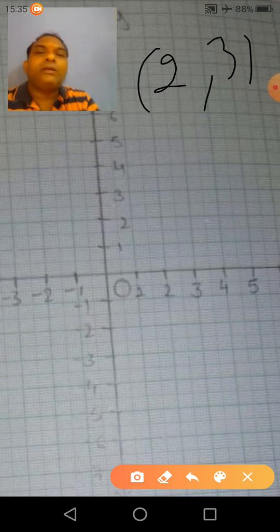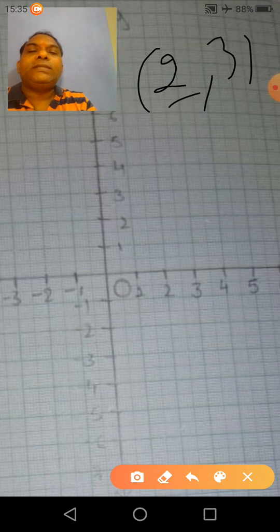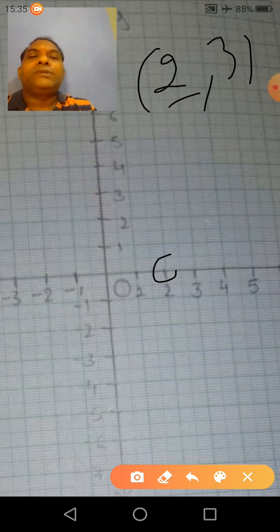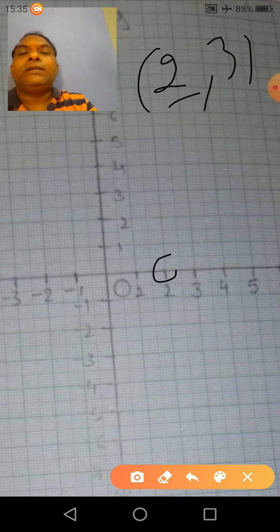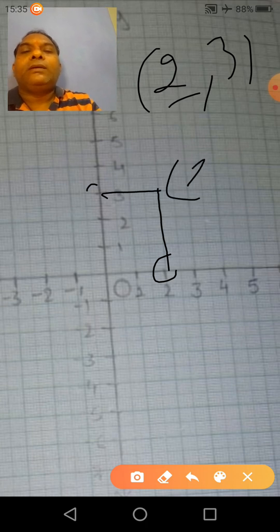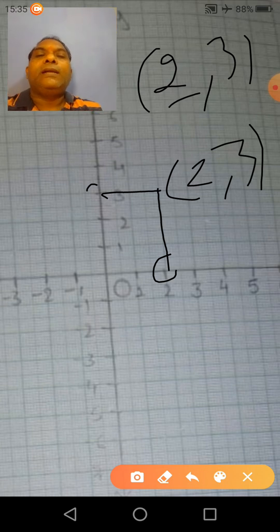So to plot this point, here 2 means point 2 here and its y coordinate is 3 units. So 3 here, this way, this point will be (2, 3). Clear?